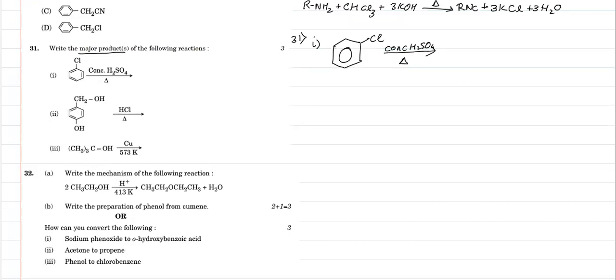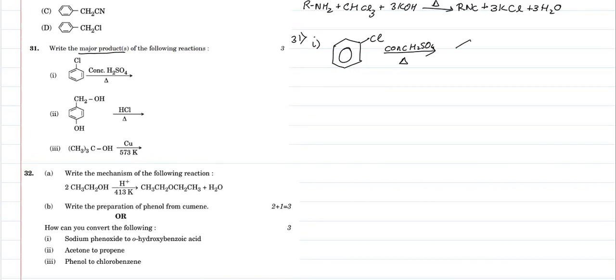When you've learned about haloarenes, the reactions that we learn about aryl halides include the electrophilic substitution reaction. In this case, you have concentrated H2SO4, which obviously means a sulfonation reaction is taking place.